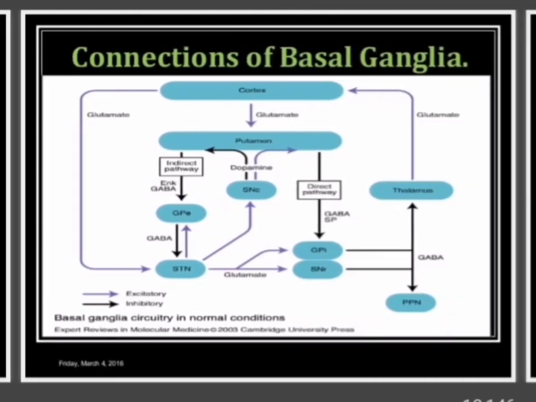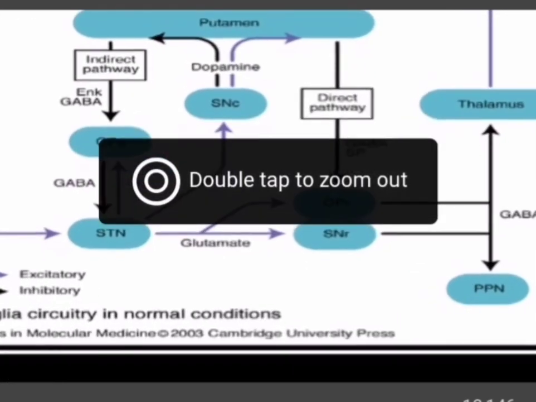You are looking here at the connections of the basal ganglia. You can see how all the connections are made: cortex, then putamen, and then thalamus. You are looking here also at the neurotransmitters, the basal ganglia circuitry in normal conditions.